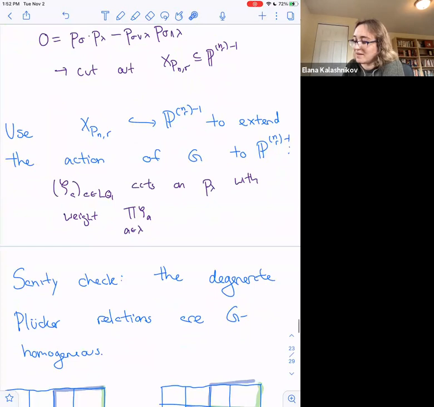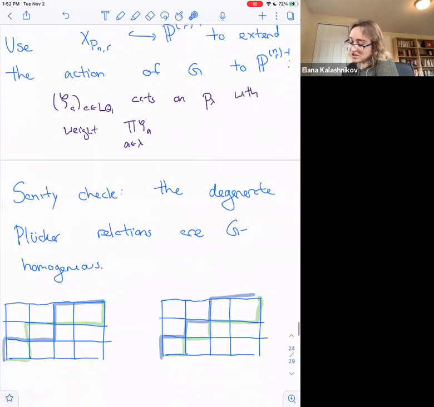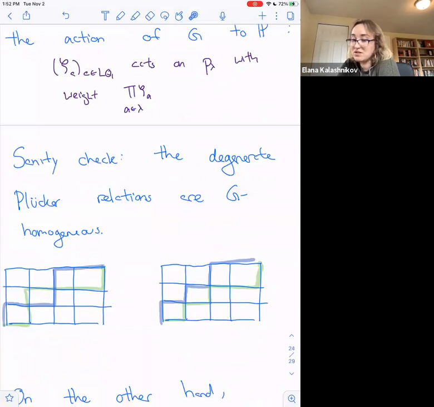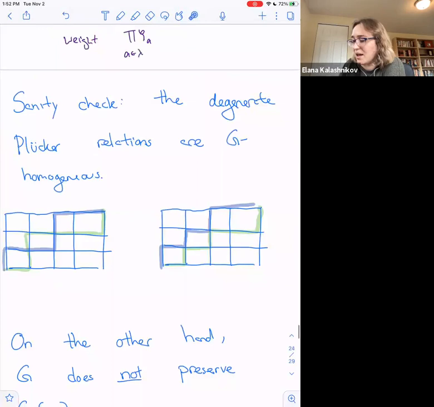So we've extended the action of G to P^{(n choose r)-1}, and as a sanity check, we should check that the degenerate Plücker relations really are G-homogeneous, which of course they are.